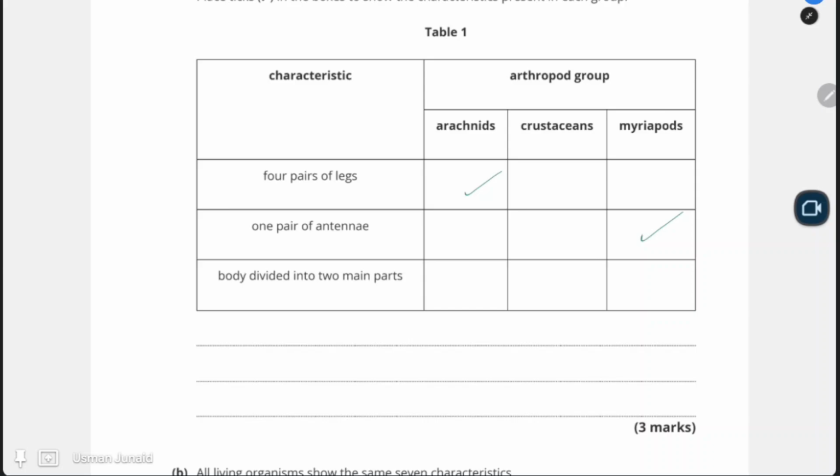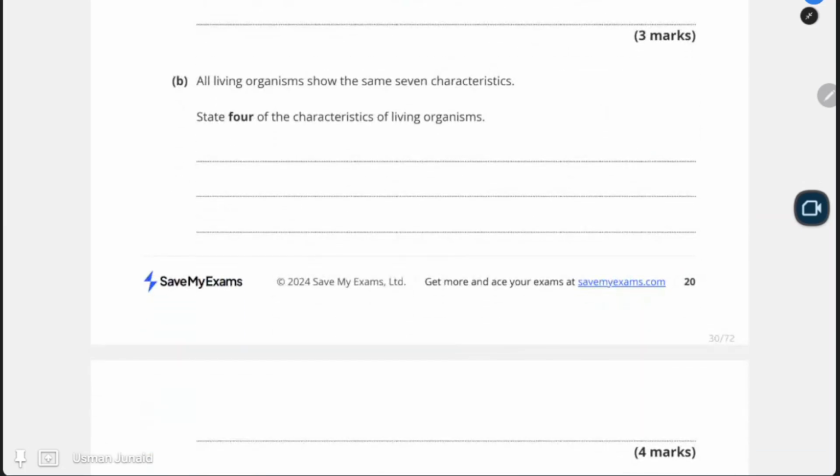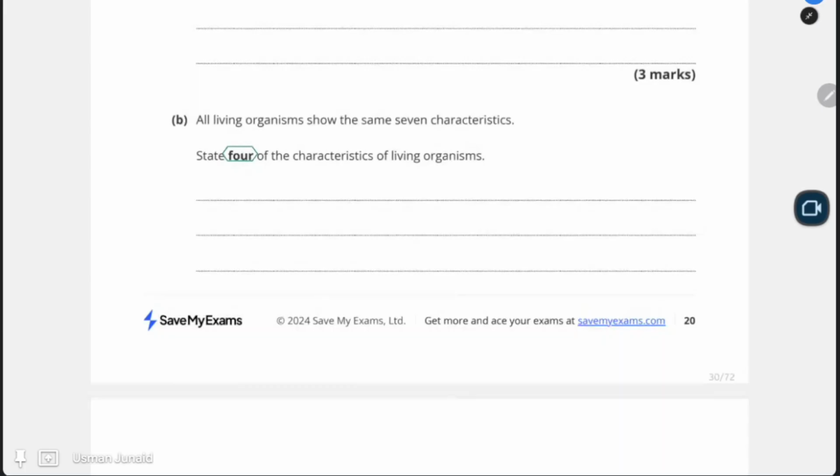So which one is left? Body divided into two main parts. Crustaceans. Okay. All living organisms share the seven characteristics. I want you to name all seven. Can you name all seven?